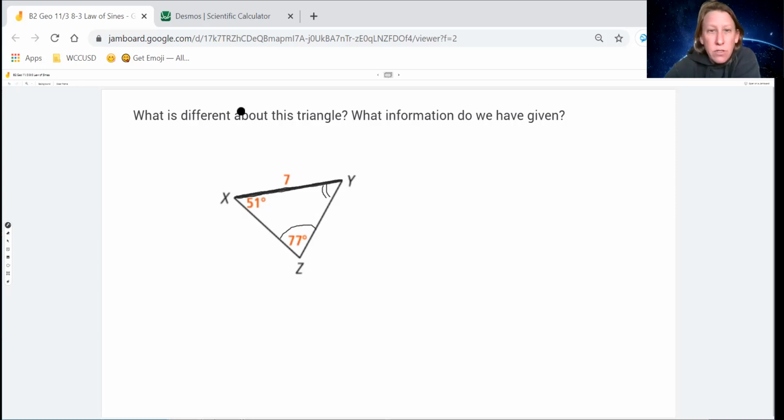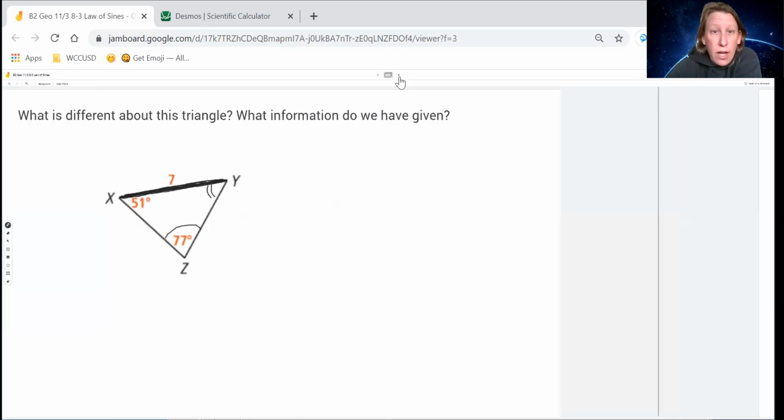If it's not a right triangle, you have to use a little bit more complicated formula. But if you have an angle measure and you have its opposite side length, you have enough information. Okay, if you have two angles and an opposite side, then you have enough information.